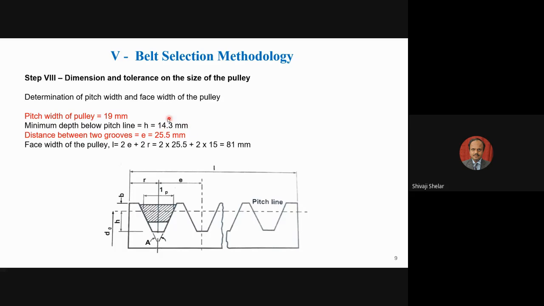That H is also available from the table. The distance between two grooves, this point to this point, is also available from the table, and is given as 25.5 millimeters. So let's see how this 19, 14.3 and 25.5 have come from the table values. I will show the table also.